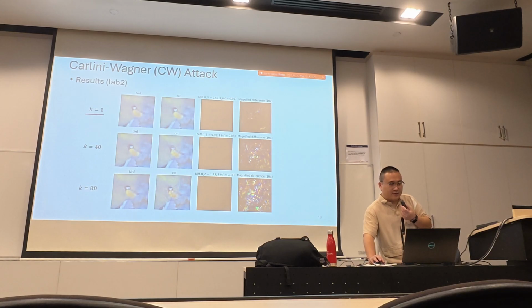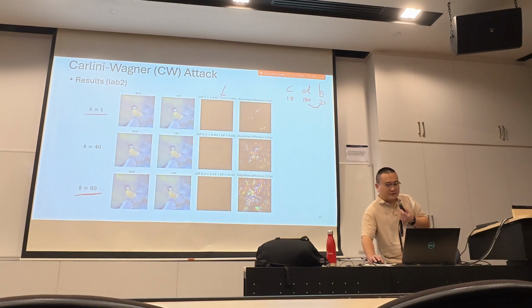So when K is 1, you can see that we introduce only some small noise. And then if we increase the gap, for example, we set the gap to 80. In this example with cat, dog, and bird, if the gap is 80, the logit for dog can be 100, for bird maybe 20, and for cat maybe 10. So you can see that it's a very big gap.